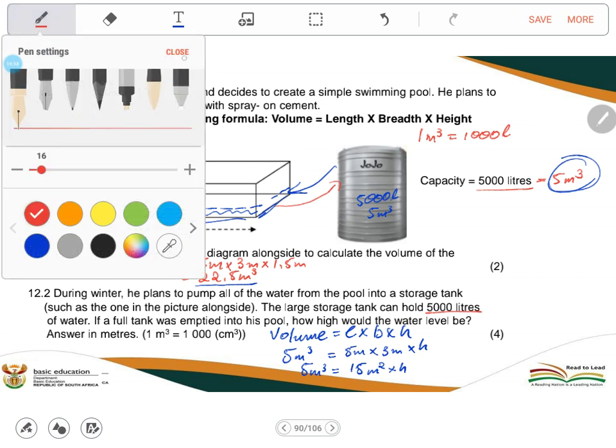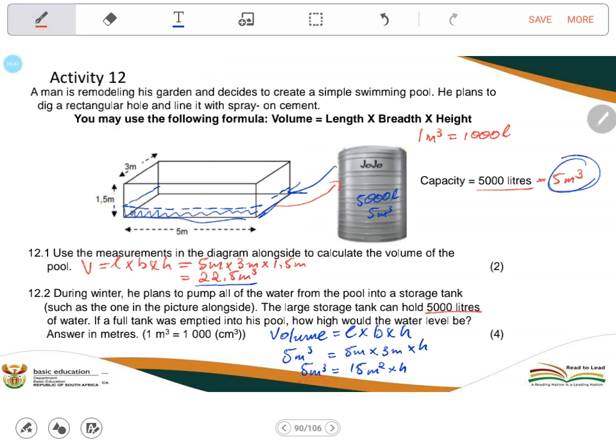Now, because we're looking for the height, we'll divide both sides by 15 square meters. So we will be left with 5 divided by 15, which is 0.33.